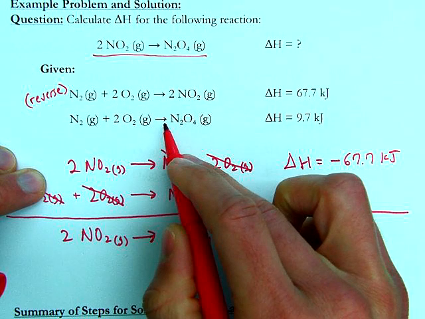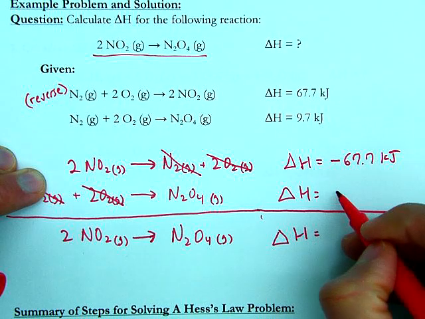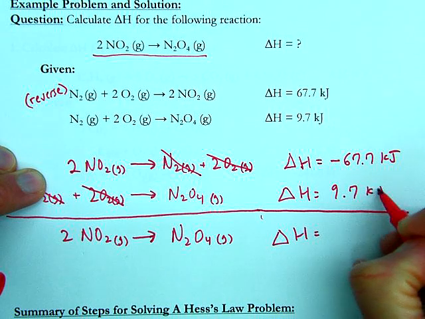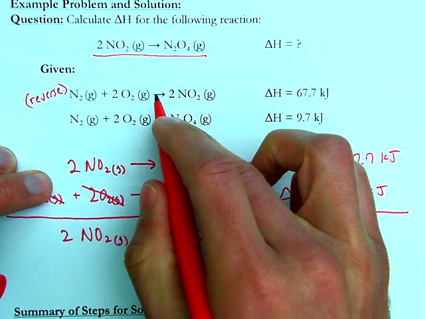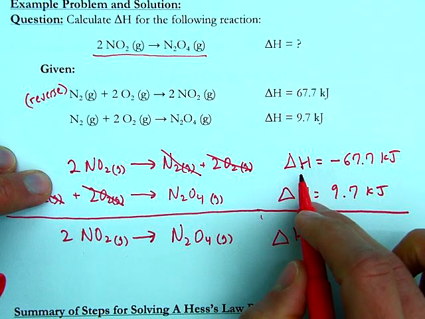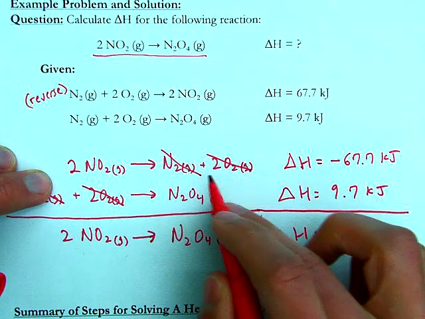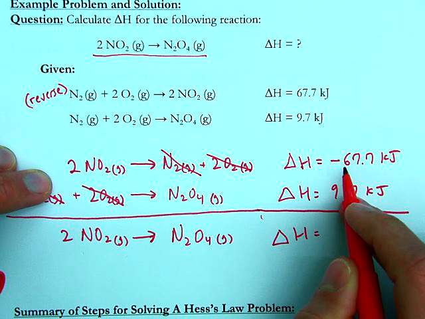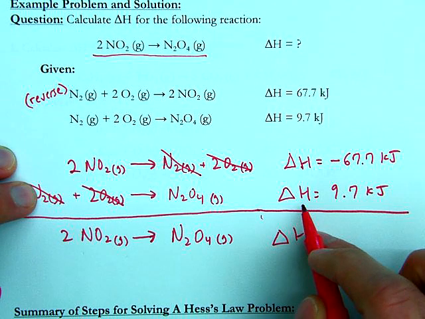And the second equation we just left as is. So this is still 9.7 kilojoules. So whatever we do to the equation, we do to the H sign. So we flipped this first equation. Okay, I rewrote it here. And so I flipped the value to negative. The second one was left the same.